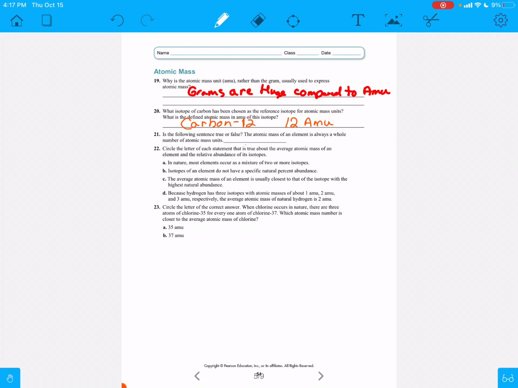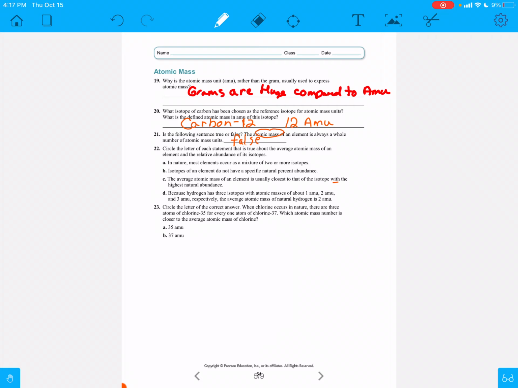Number 21, is the following sentence true or false? The atomic mass of an element is always a whole number of atomic mass units. The answer is a big-time false.